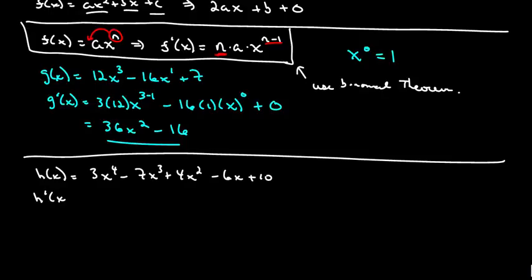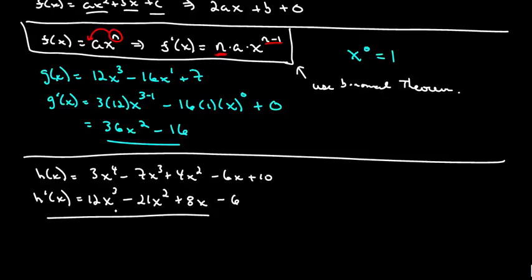Then the derivative of that is equal to 4 times 3, which is 12, x to the third, because I subtract 1 off the power. 3 times 7 is 21, x squared, subtract 1 off the power. 2 times 4 is 8, x to the first, minus 6 plus 0. So this is the derivative. Now again, you can do it out the long way, but here is now your power rule for doing the short way.